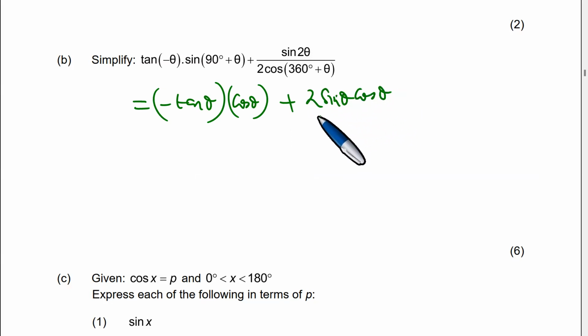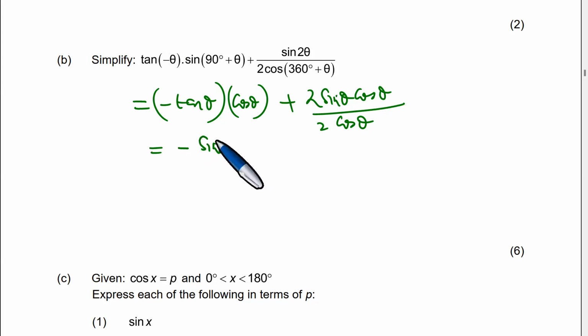And then in which quadrant is the 360 plus? What is cosine of 360 plus theta? It is in the first quadrant, where all the functions are positive. Okay, so think of that one. And then this one here is minus.